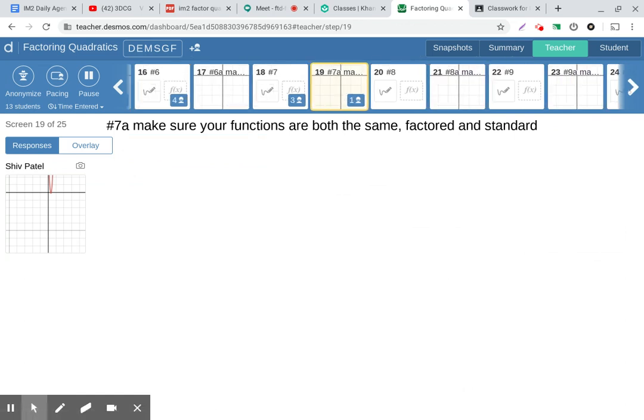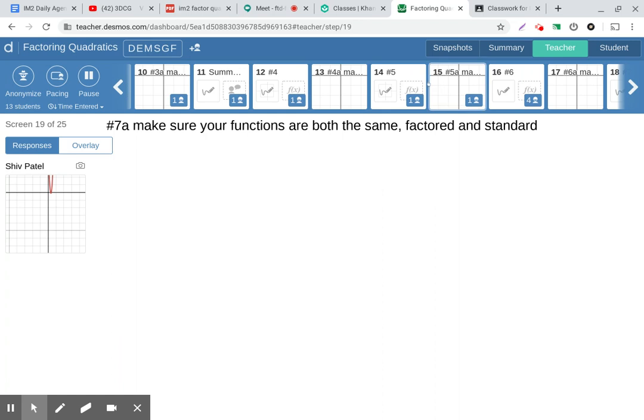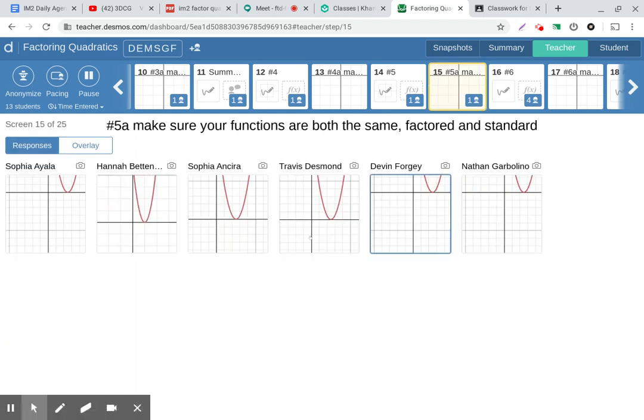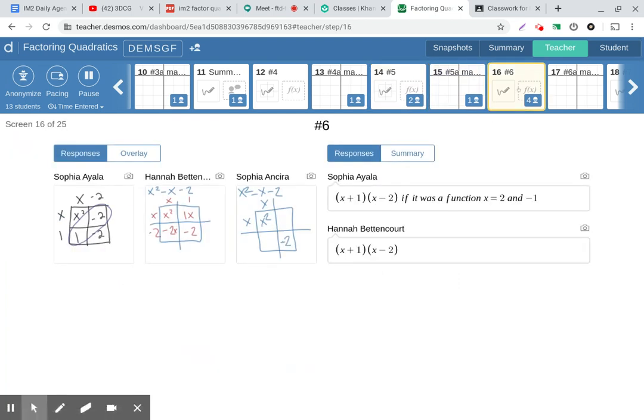All right, guys, you're 70% done. If you're on 7, okay, take your time, put some music on. Good. I can see everybody's graphs are perfect. This is really good.